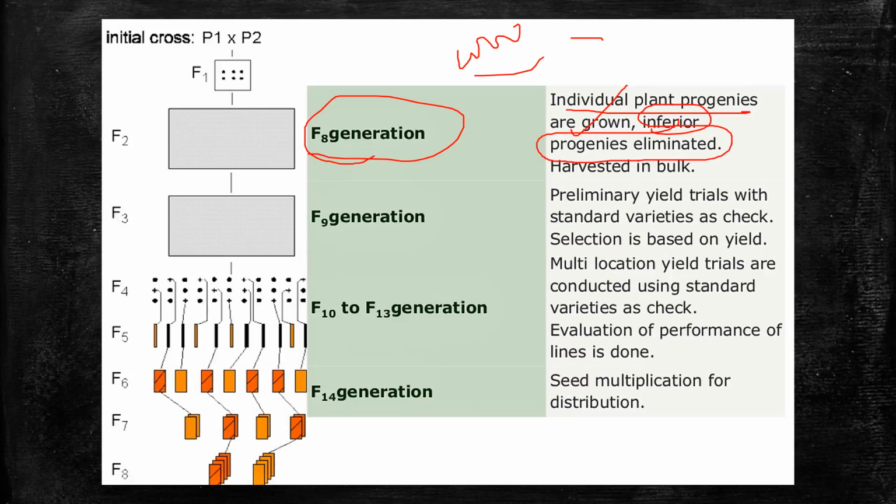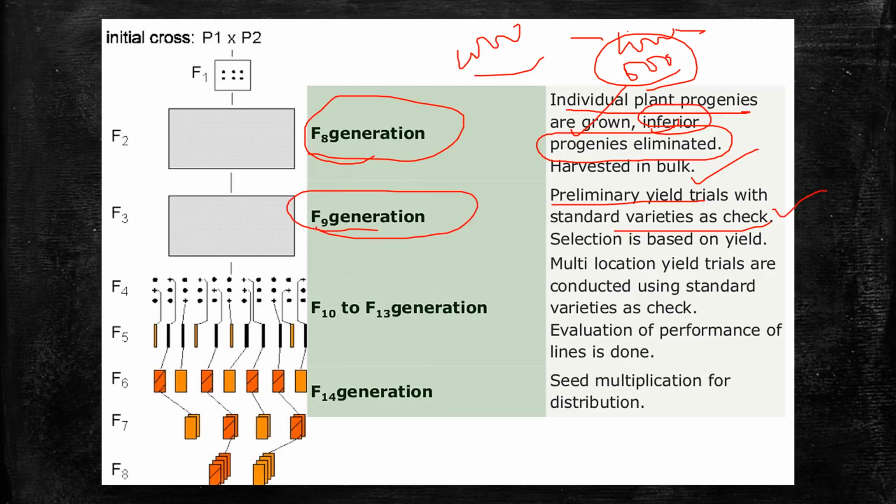The number may drop from 1000 to 5000 to around 500. Among these 500, preliminary yield trials are done with the standard varieties as check. Various parameters like disease resistance and yield variety are checked compared with the standard varieties as their counterparts.